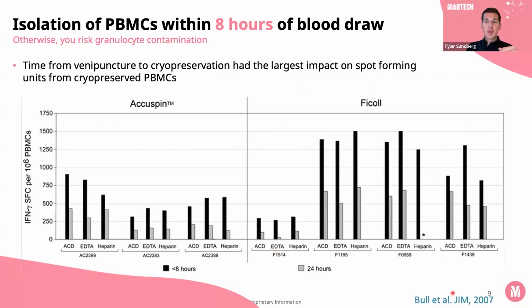This was a study from 2007, where regardless of the method of PBMC isolation or the different anticoagulants used, the biggest factor in spot-forming units and the functional response of your T cells was leaving your cells more than 8 hours. So here they compared 8 hours and 24 hours, and you see a drastic decrease in the spot-forming units at the 24-hour time mark compared to isolating before 8 hours.